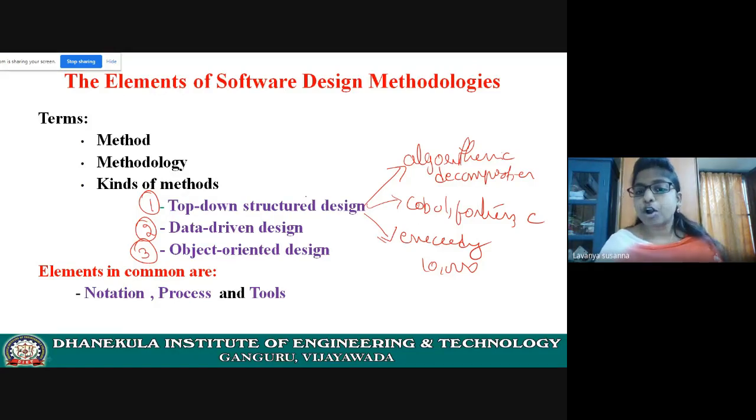This top-down structured design will not address all the issues of a complex system.